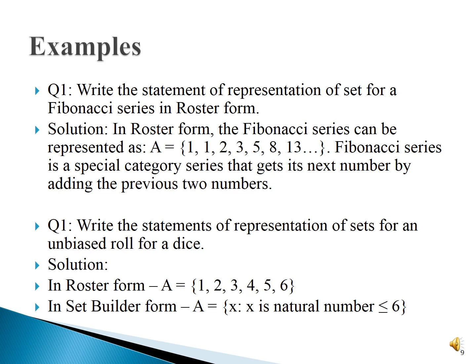And if we want to write the same set in the set builder form, then it will be written as A equals {x : x is a natural number less than or equal to 6}, because 1, 2, 3, 4, 5, 6 are all natural numbers. So our characteristic is written as x is a natural number less than or equal to 6.